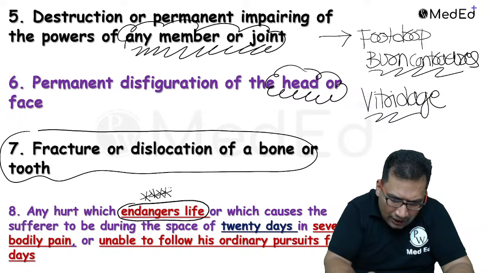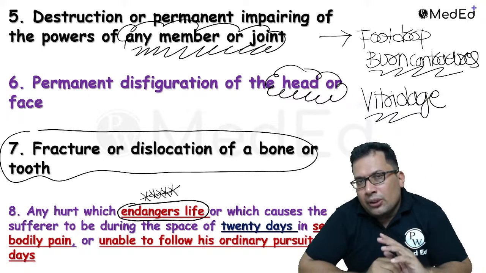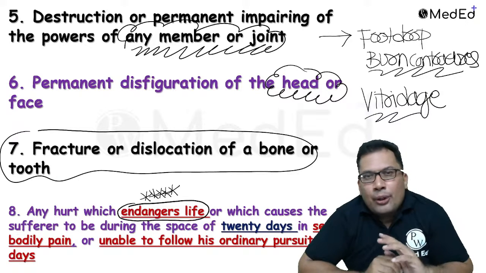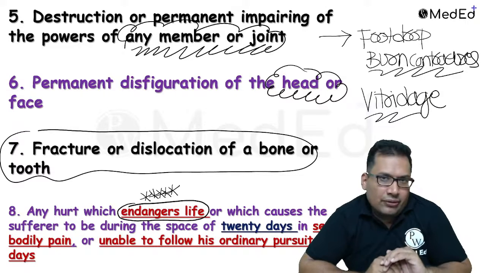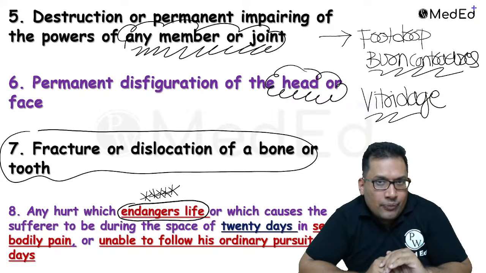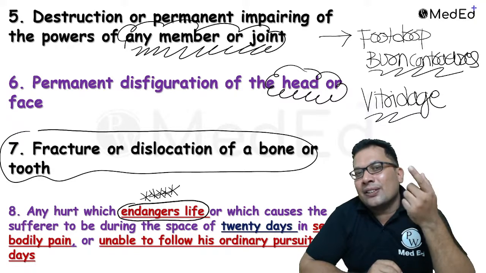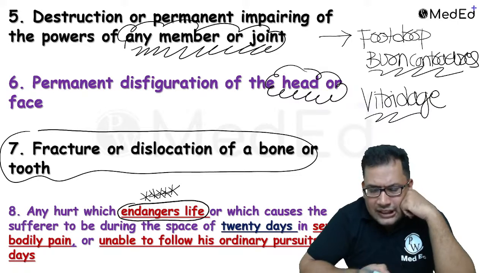What do you mean by this endangers life? Remember, a stab injury over the abdomen comes under endangers life, a dangerous injury. Or a stab injury over the neck, leading to laceration of the platysma, can be a dangerous injury. Yes or no?